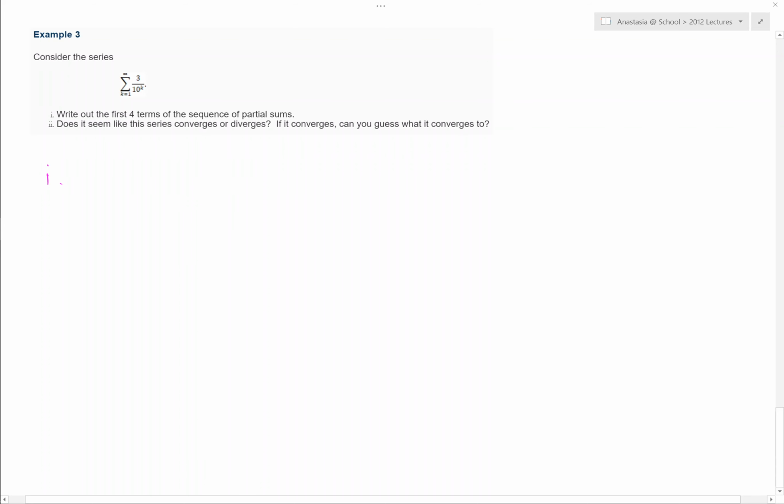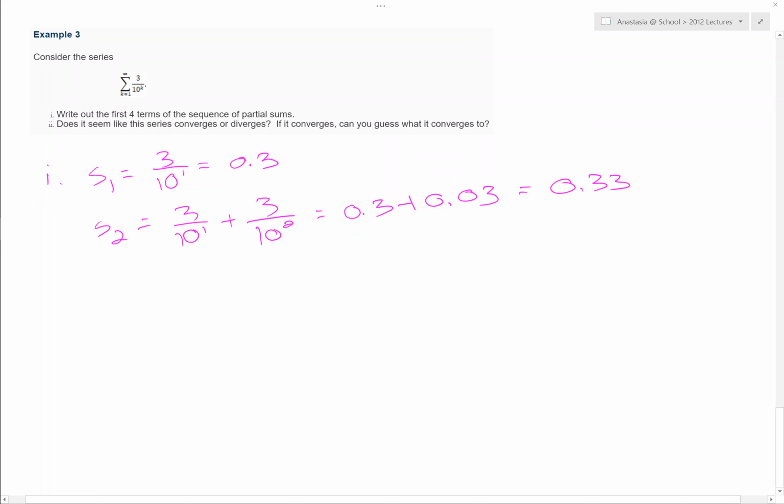So starting off in part 1, S sub 1 is just the first term in the series, so that's 3 over 10, which is the same thing if we wanted to write it as a decimal, 0.3. S sub 2 is going to be the sum of the first two terms, so that's 3 over 10 to the first plus 3 over 10 squared, which is the same thing as 0.3 plus 0.03, which is 0.33.